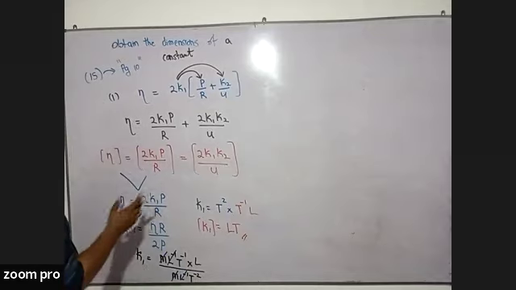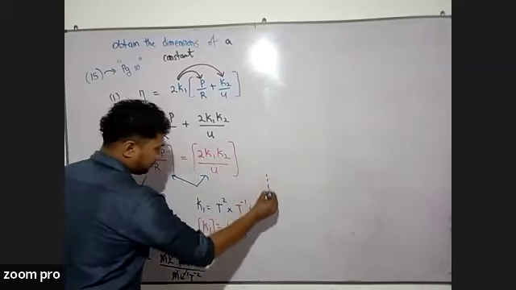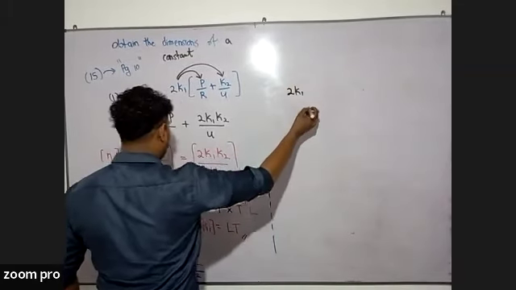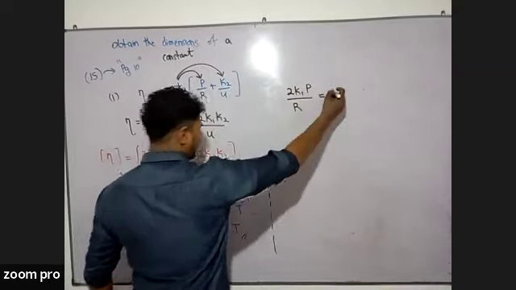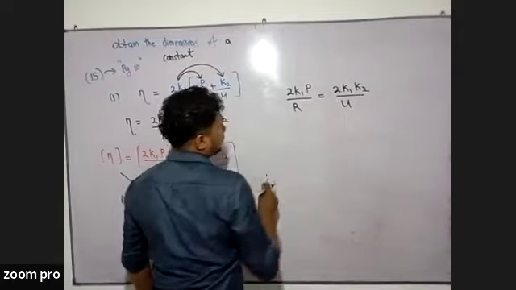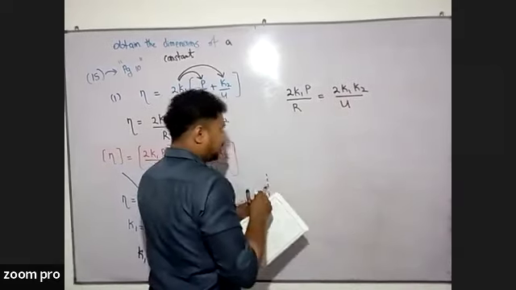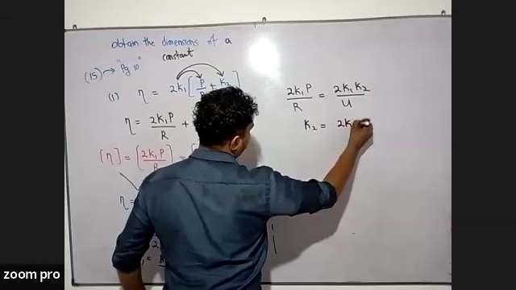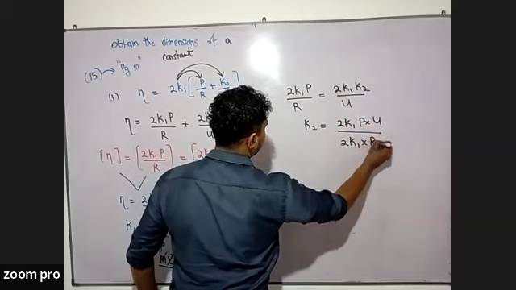Let's move on to the other one, to obtain the dimensions of k2. Just consider these two. We can consider the dimensions of 2k1 p over r equal to 2k1 k2 over u. I want to obtain the dimensions of k2. If I make k2 the subject, it can be written as 2k1 p u over 2k1 into r, right?